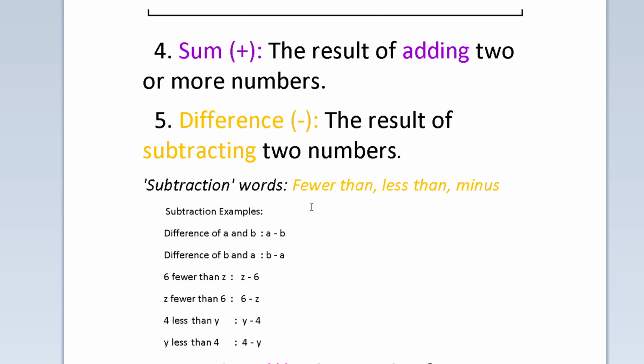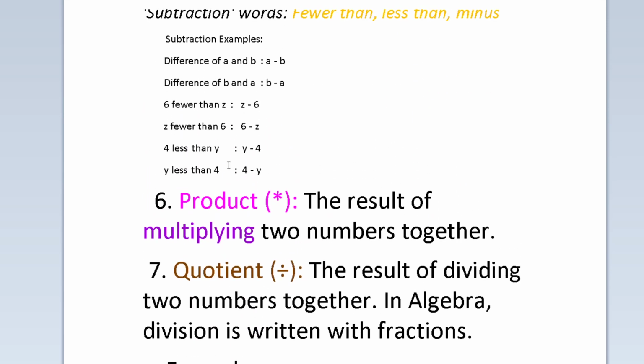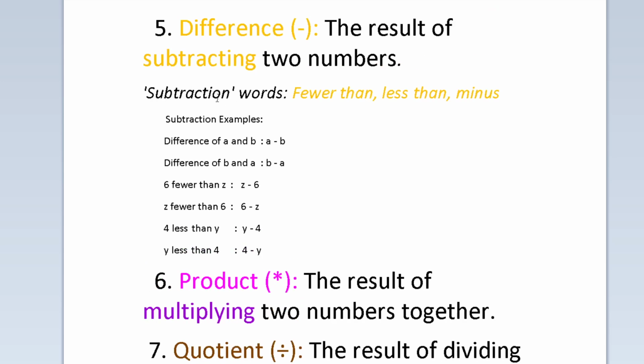But there's some other subtraction words you should watch out for, particularly on the IXL. I don't know if it's on the 6th grade, but it is on the 7th grade where they throw in some of these different words like fewer than and less than, and it does make these questions a little tricky. So if we had 6 fewer than z, that means it's actually 6 smaller or 6 less than z.